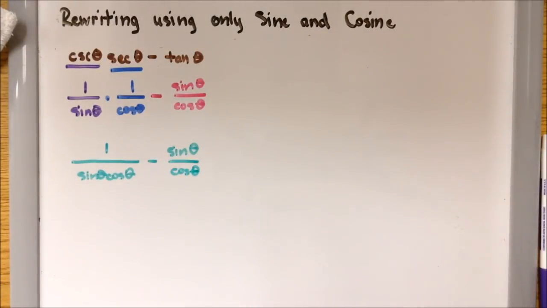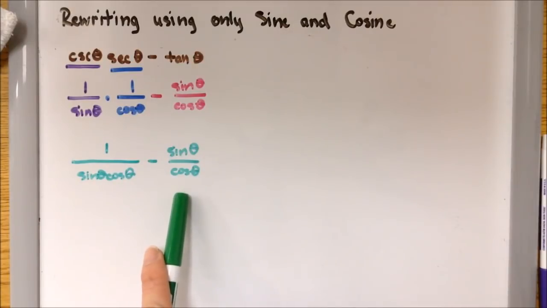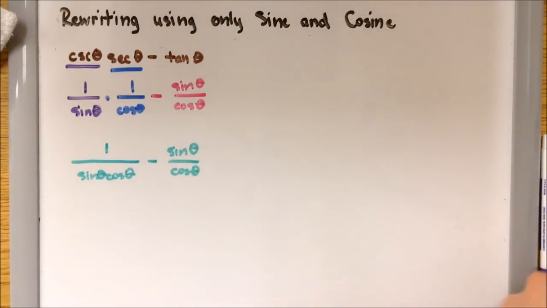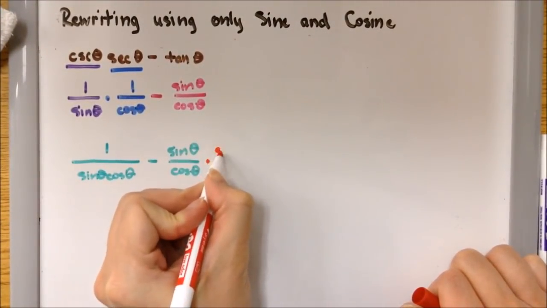Now, if we were to combine these two fractions, they don't have the same denominator, but as you can see, they both have cosine theta. The only thing that's missing on the right fraction is sine theta. So what I'm going to do is multiply the right fraction, top and bottom, by sine theta.